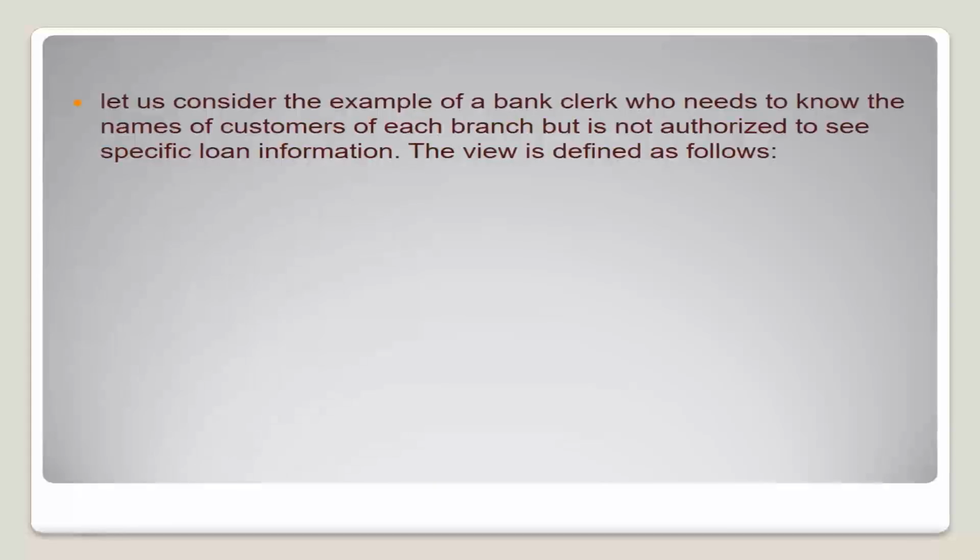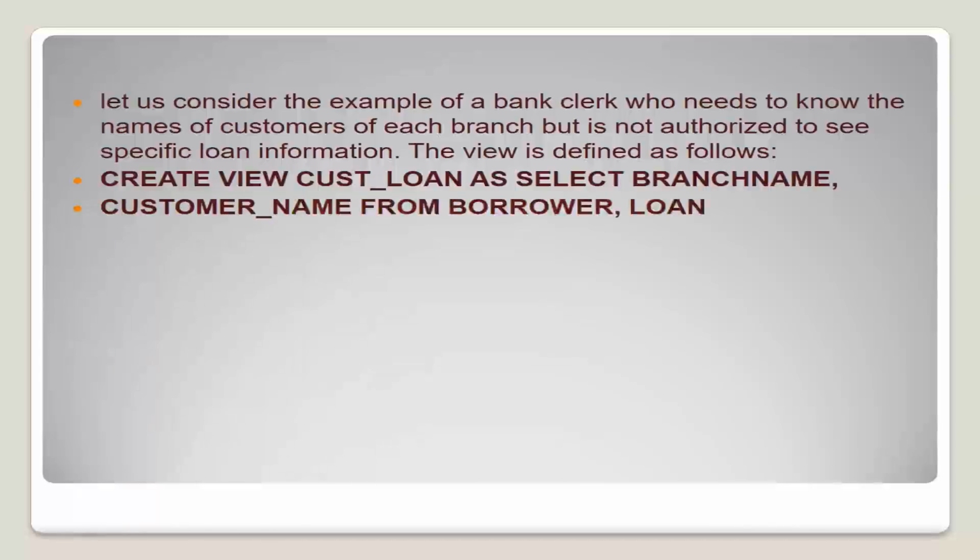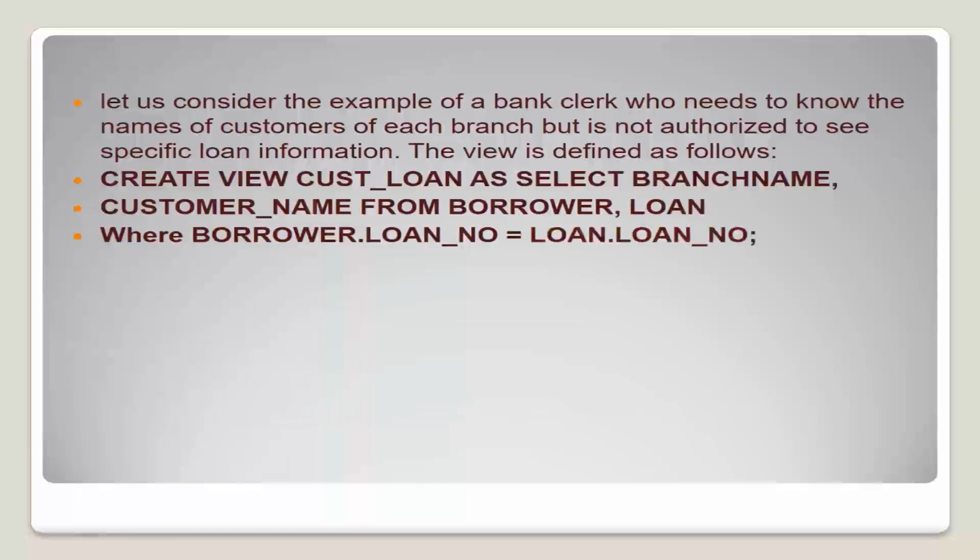Secondly, to explain the concept of views, let us consider the example of a bank clerk who needs to know the names of customers of each branch but is not authorized to see specific loan information. The view is defined as follows: create view customer_loan as select branch_name, customer_name from borrower, loan where borrower.loan_number is equal to loan.loan_number.